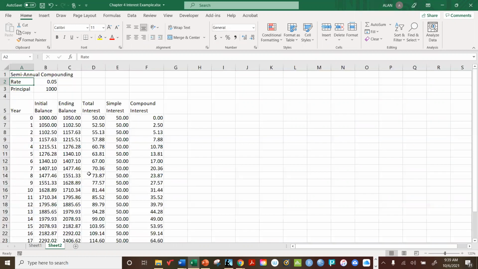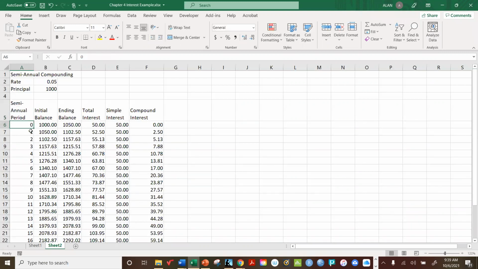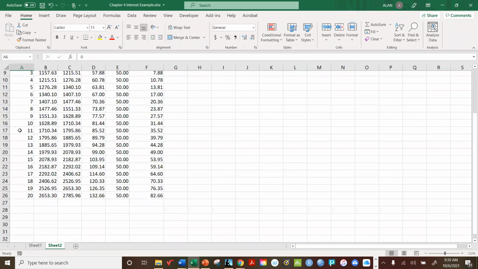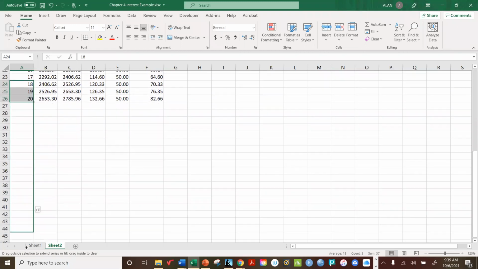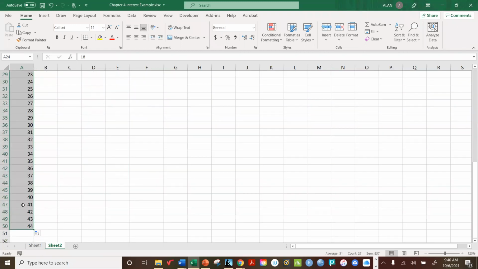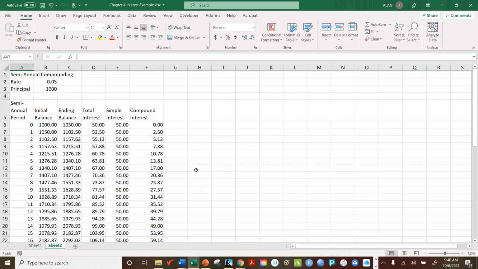So with semi-annual, the year becomes, we're going to call these semi-annual periods, because now I need a separate row for every 6 months. And that means there's going to be 40. So instead of getting 20 interest payments for 20 years, you're getting 40 interest payments over that same time frame.